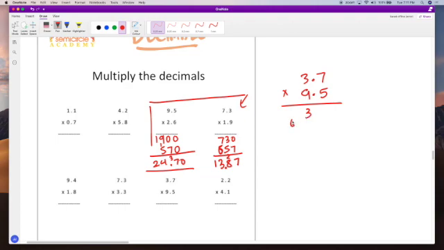And 9 threes are 27, and 27 plus 6 is 33. Then I have to add a 0 there. Now 7 fives are 35. And then 5 threes are 15, 16, 17, 18. So I have 5, 8, 9, 10, 11. So 11. 3 and 1 is 4, and 1 is 5. And then 2 decimal places.